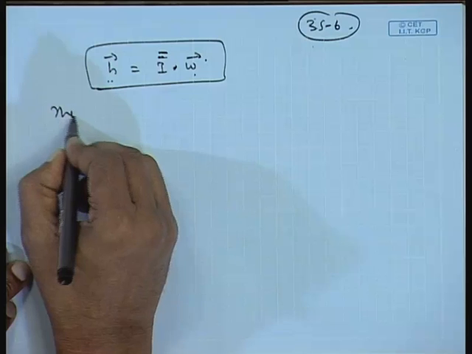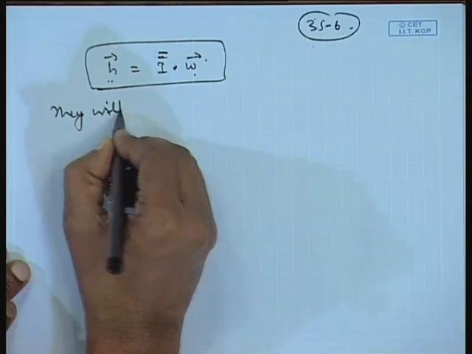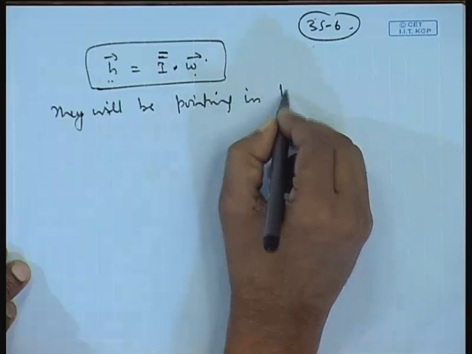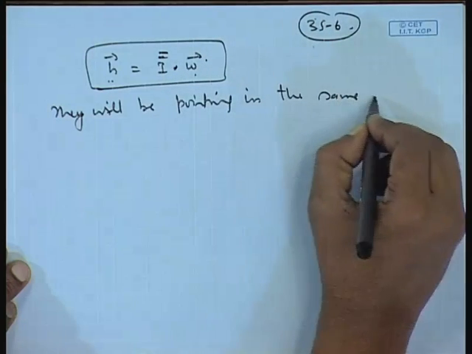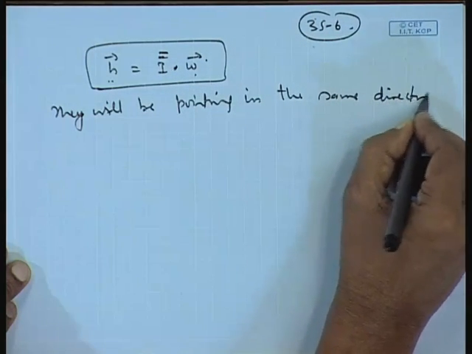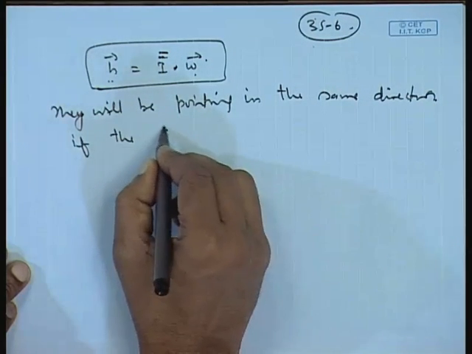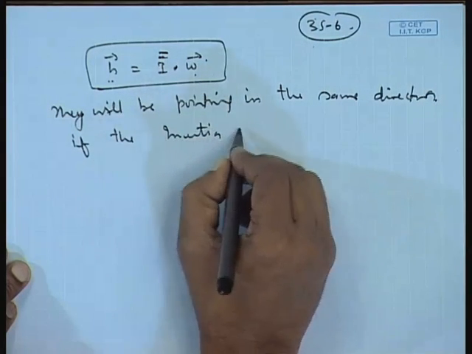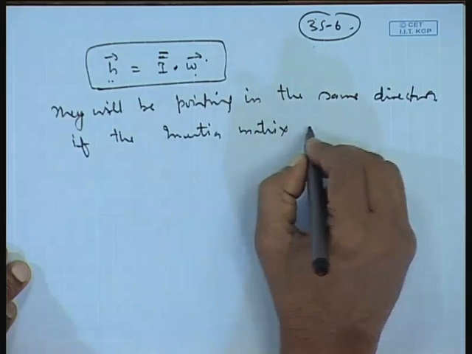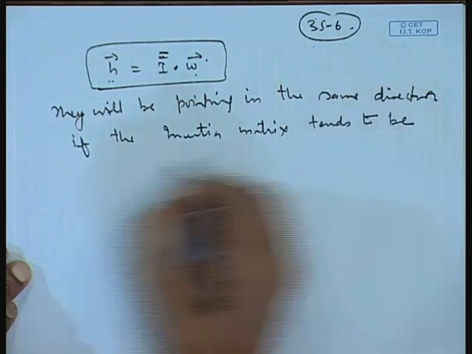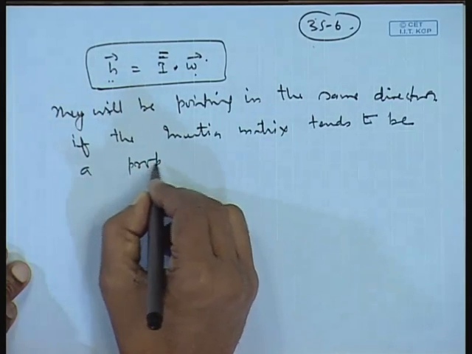They will be pointing in the same direction if the inertia matrix tends to be a proportionality constant.